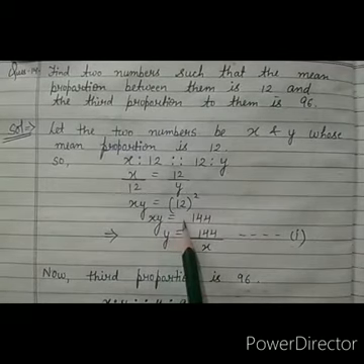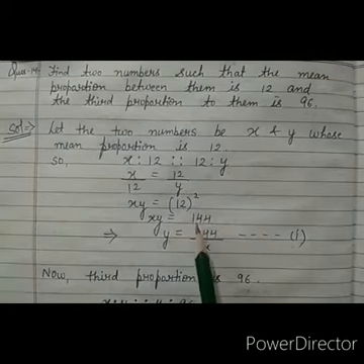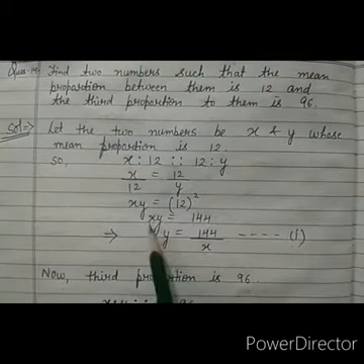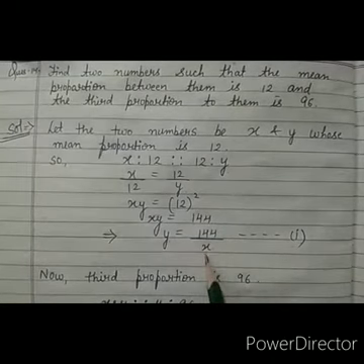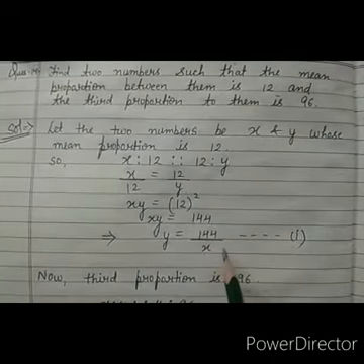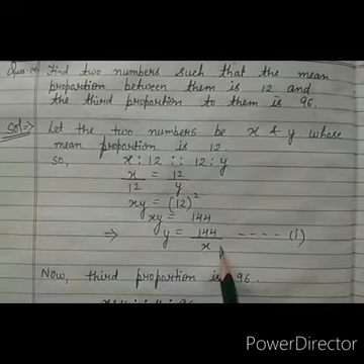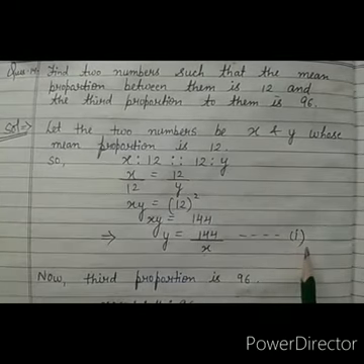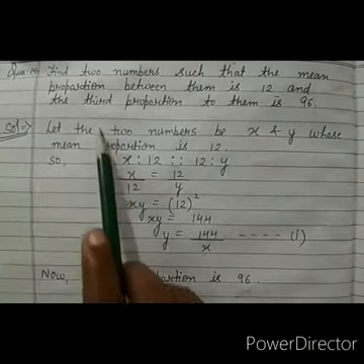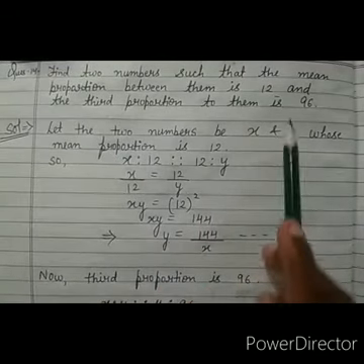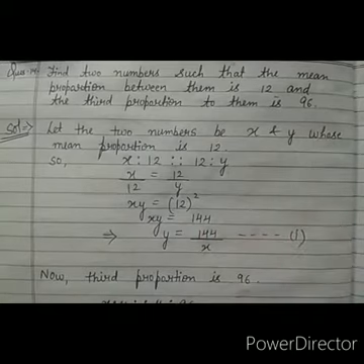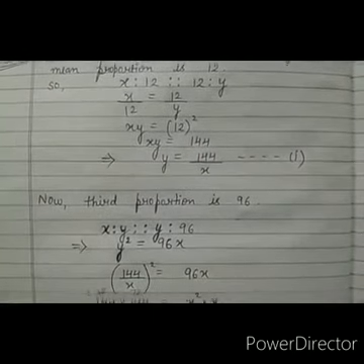Now xy is equal to 12 12s are 144. From here we get the value of y, which is equal to 144 upon x, which we will use further in this question. So take it as the first equation. Now in the question it is given that the third proportion to these two numbers is 96.